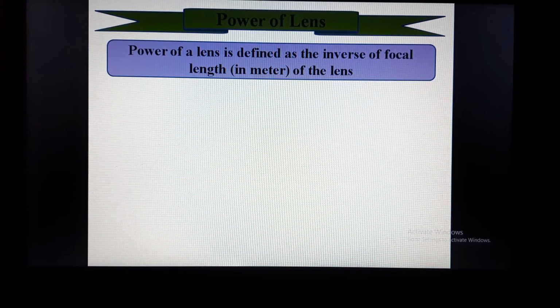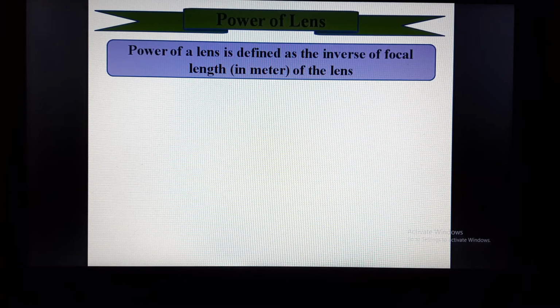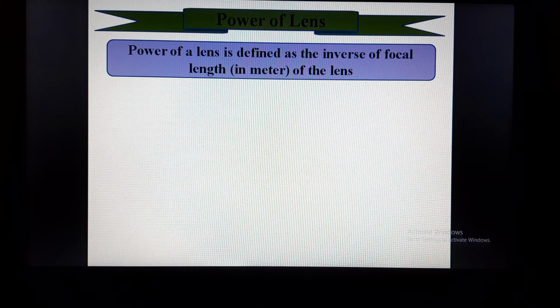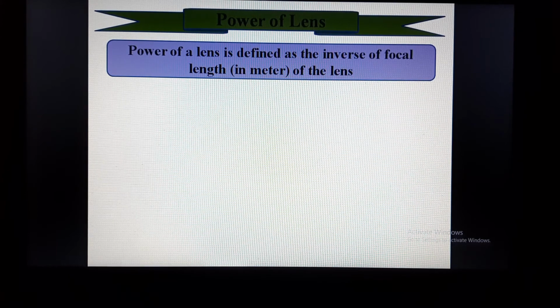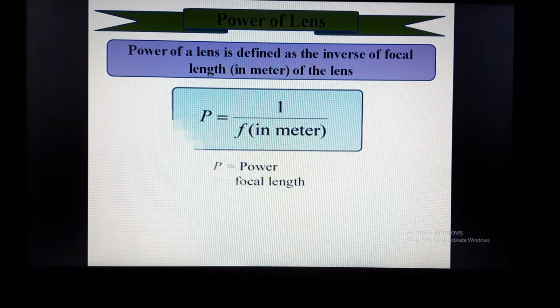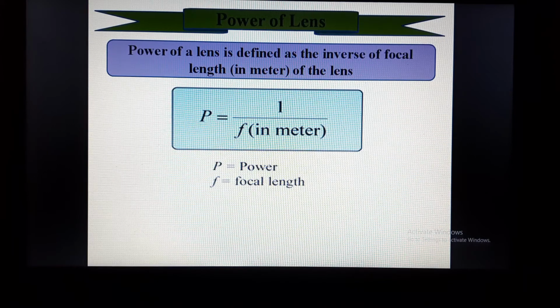Okay, here boys, you must remember that for power of the lens, the focal length must be in meter unit. If the focal length is in centimeter or millimeter, you must convert it to meters. So here the equation for power of lens is P equal to 1 by F.